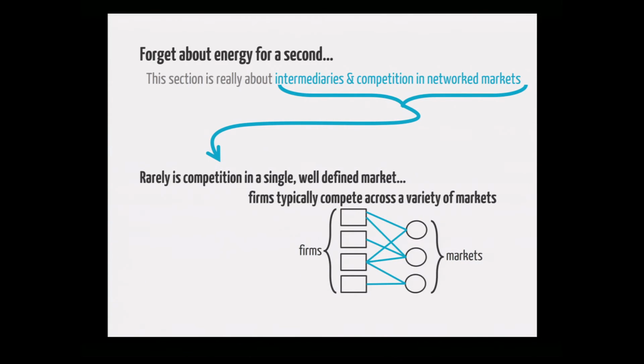The caricature here is, in some sense, you have firms, you have markets, and the firms can compete in some of the markets and not in others. This matching is fundamental to the competition and the prices that will emerge and the efficiency of the marketplace as a whole. And this matching is complicated. If you think of an Uber or a platform type design, you're optimizing that matching.